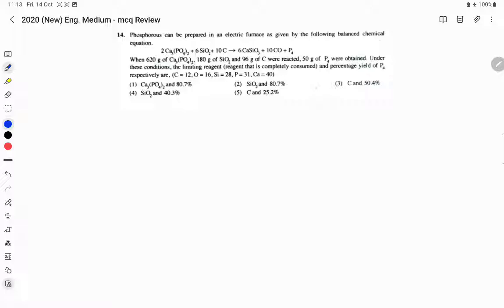Let's find out first what is the limiting reagent. So let me write the reaction again. 2 calcium phosphate, 6 silicon dioxide, 10 carbon gives us 6 calcium silicate, 10 carbon monoxide and P4.